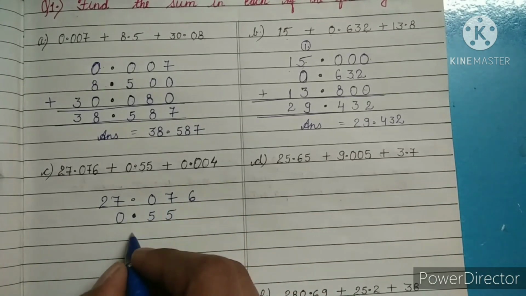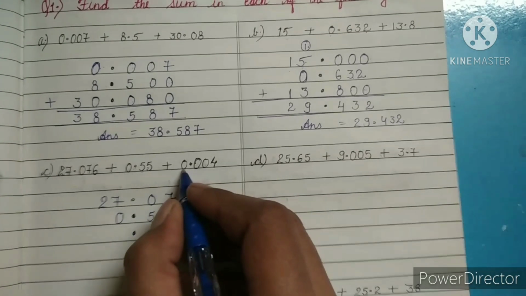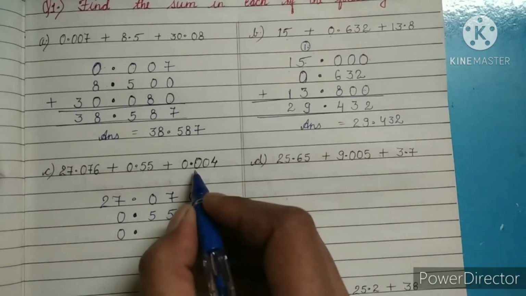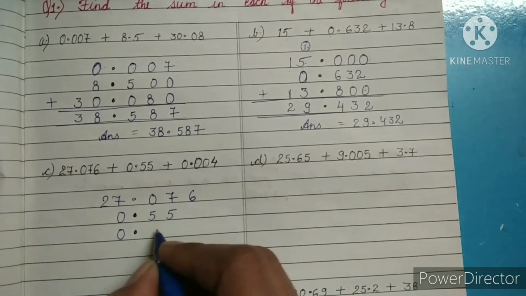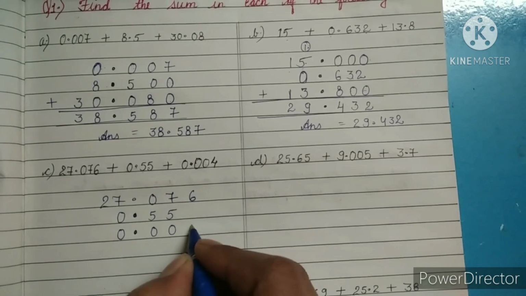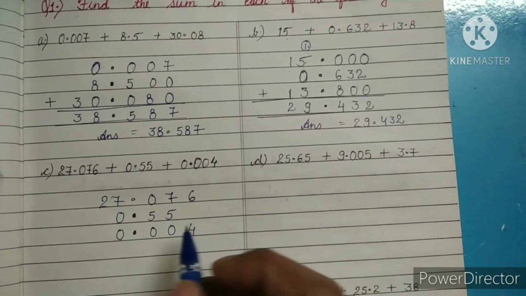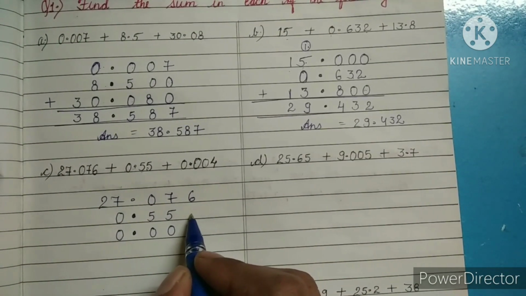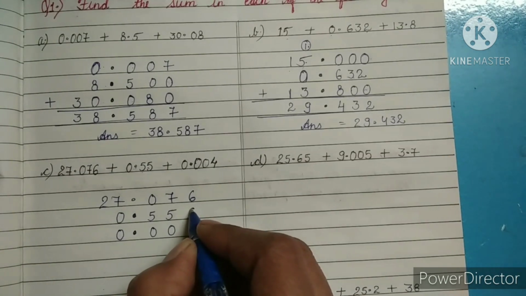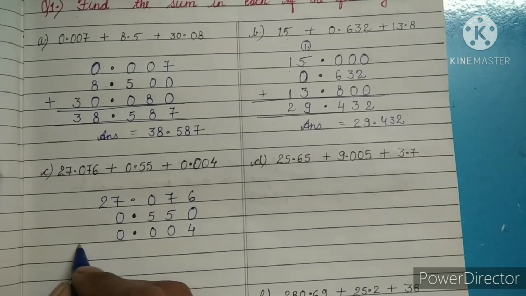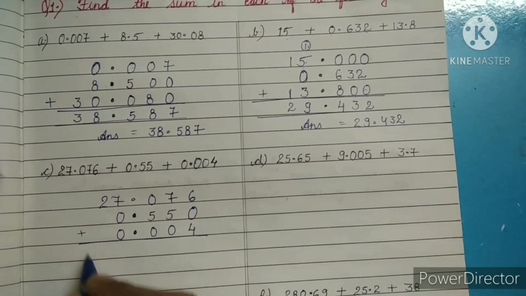So after the decimal, same decimal will come, before decimal 0, and after decimal we have 2 zeros with 4. In the decimal side we have one place as a blank, so we can fill this place with 0. Okay, now we can add them.